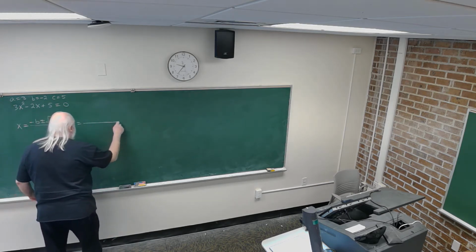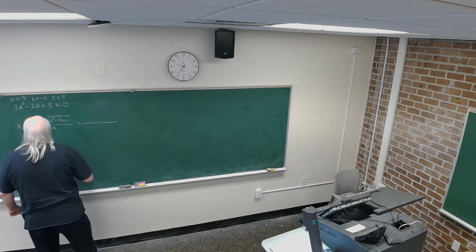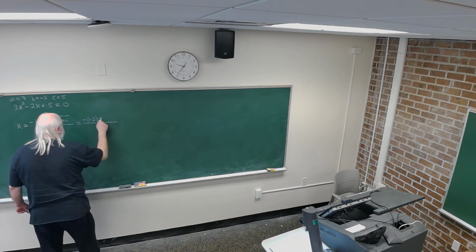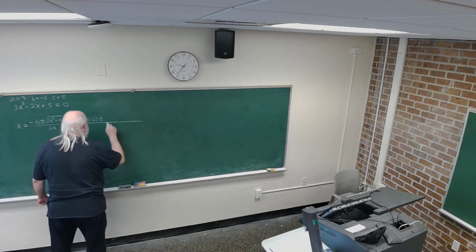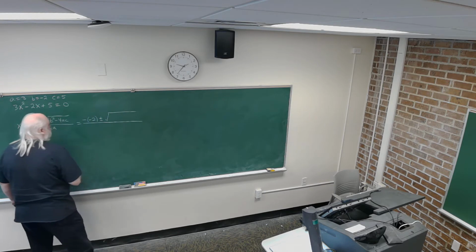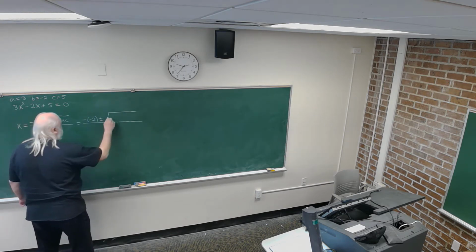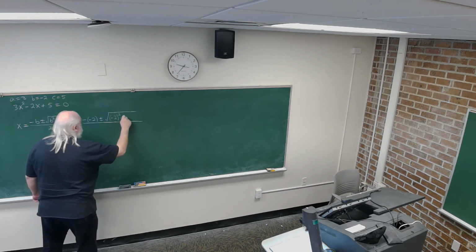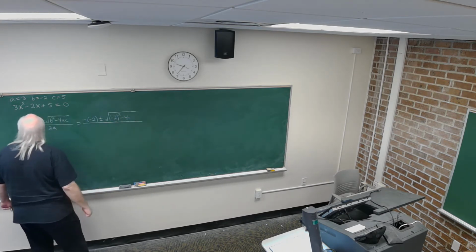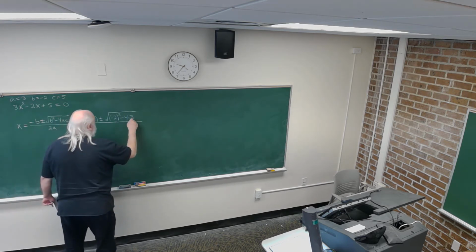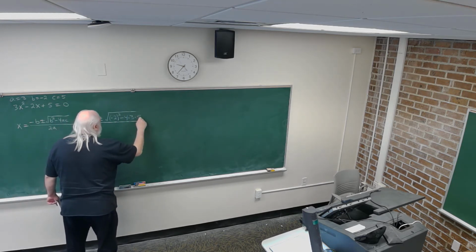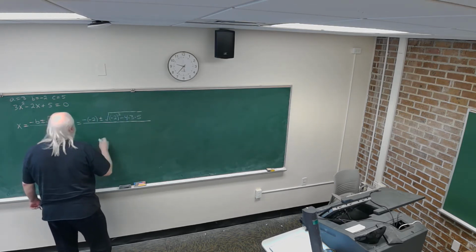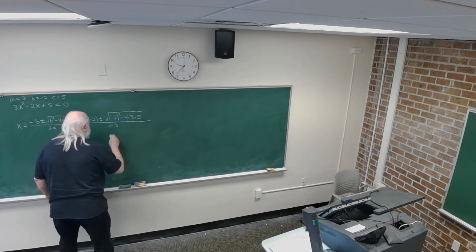So negative b in this case is the negative of negative 2. And then under the square root, we have b squared, which is minus 2 squared, then minus 4 times a, which is 3, times c, which is 5. And then that's all over 2 times a, which is 2 times 3 in this case.